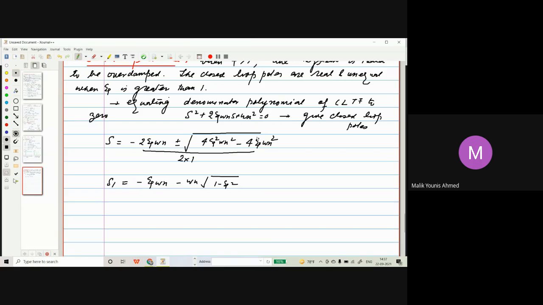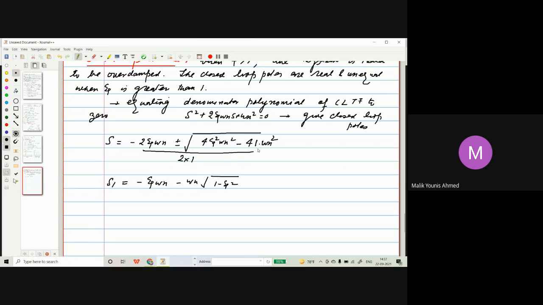Where are we getting this from? 4ac is there, a is 1, c is omega n square, so b square minus 4ac.